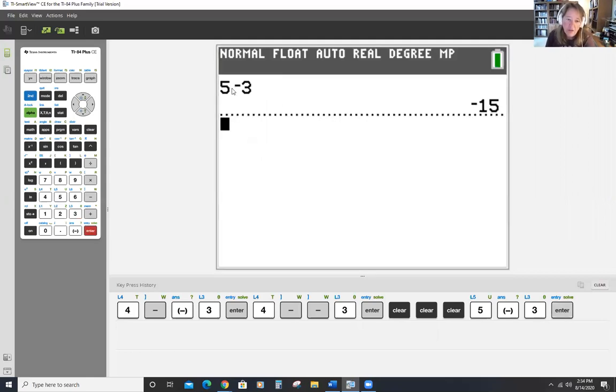That's because you typed in 5, you typed in negative 3, and just like when you're writing 5x, if there's nothing between two numbers, they assume it's a times sign. So 5 times negative 3 is negative 15. If you have an older version of the calculator and you type this in, you'll also get a syntax error, which is fine.